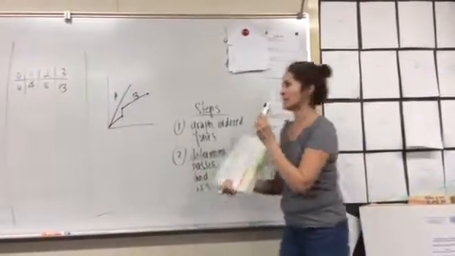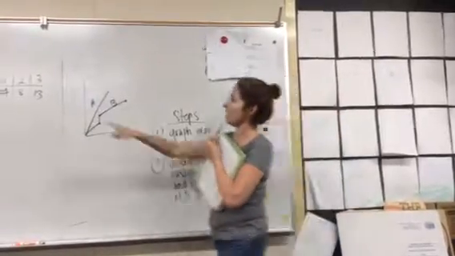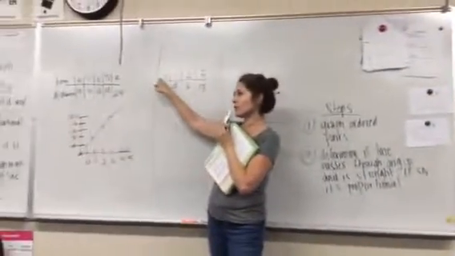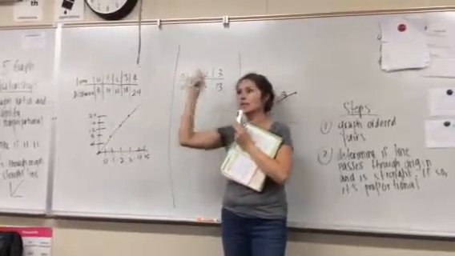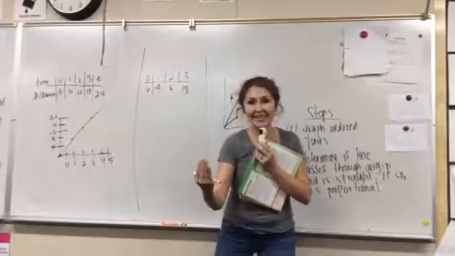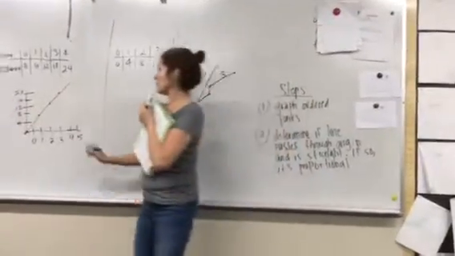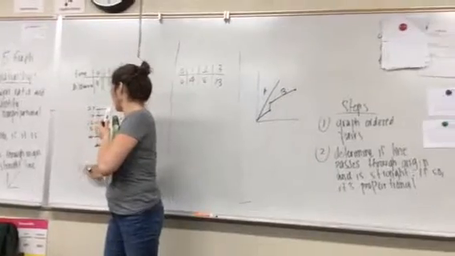Explain your reasoning. Well, it says it has to pass through the origin, and I know it did because the first two numbers are 0, 0. That is the origin, so that's a check off that list. And then the second thing is it has to be a straight line, and guess what? It is. So explain your reasoning would be, yes, it's proportional.